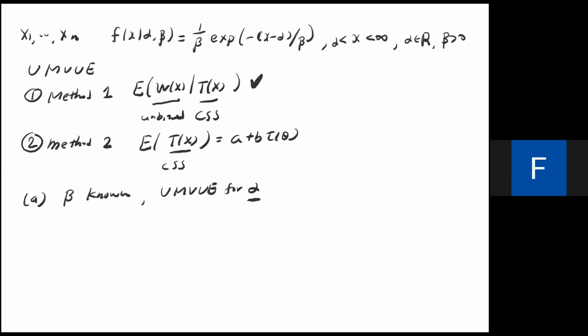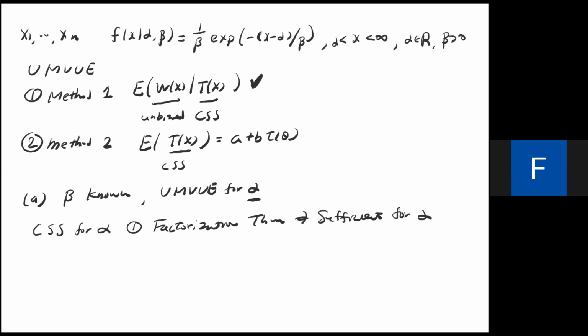We are talking about complete sufficient statistics for alpha. How do I find it? You might say number one, I'm using what? The factorization theorem to find sufficient statistics for alpha. Then how about completeness?